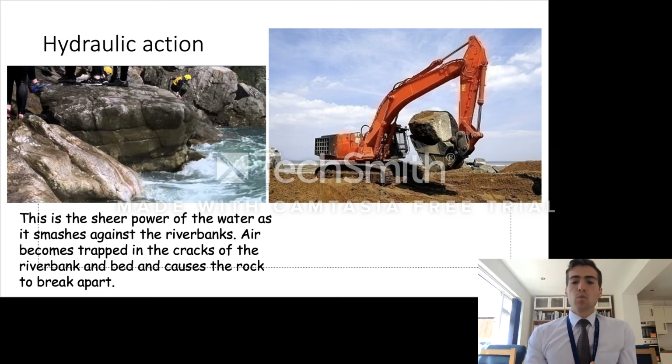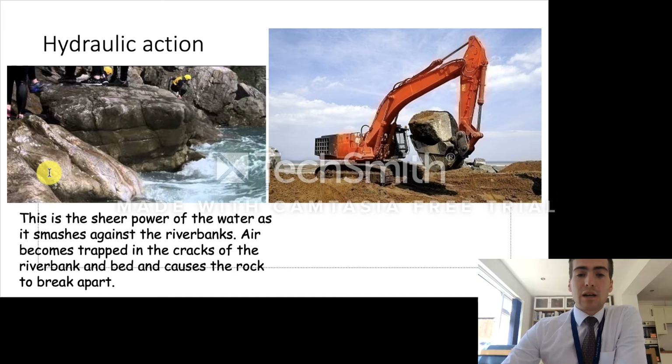The force and weight of that water pressing up against the riverbank could cause it to break apart. It doesn't happen immediately, but over maybe a series of years, it breaks up that riverbank until it collapses. In flood events, it can happen overnight, like we saw in that picture at the start.